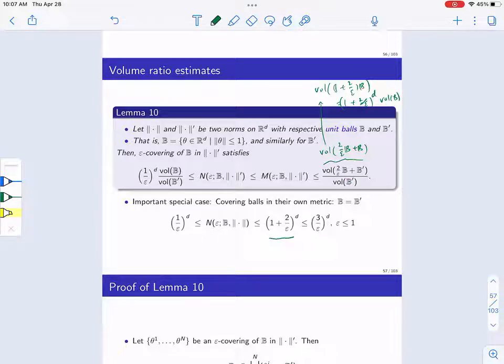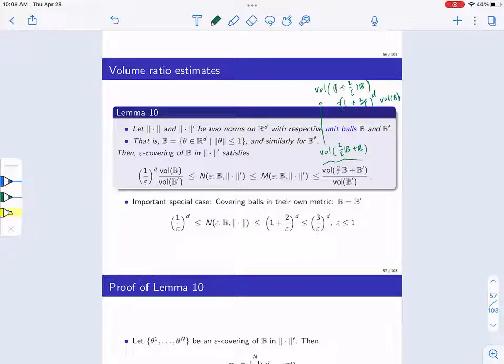And similarly for the other one, this is going to go away, you get this. Usually you care about the cases where epsilon is small. So if epsilon is less than or equal to 1, I can bound this by 2 over epsilon plus 1 over epsilon, so I get 3 over epsilon.